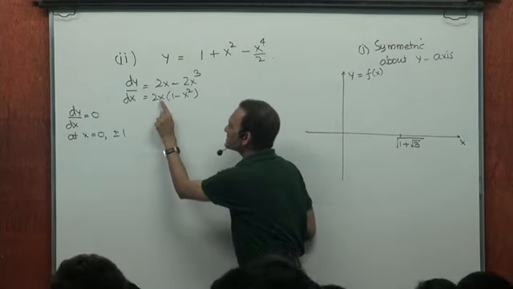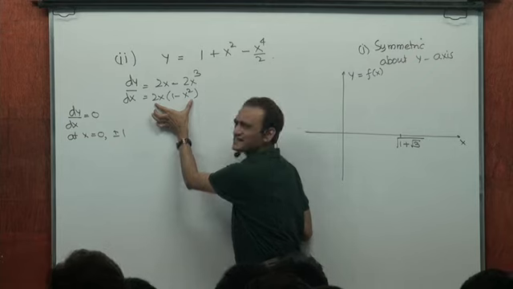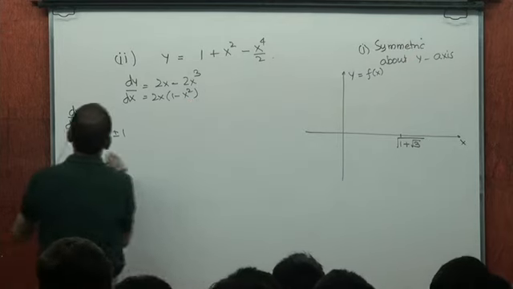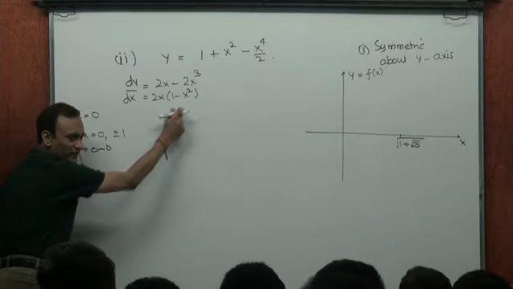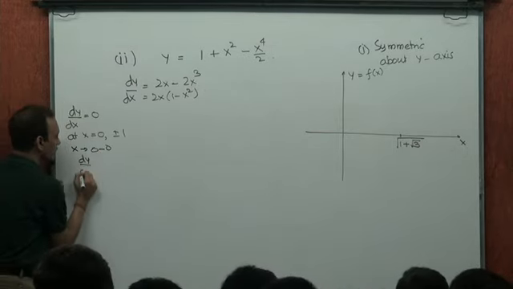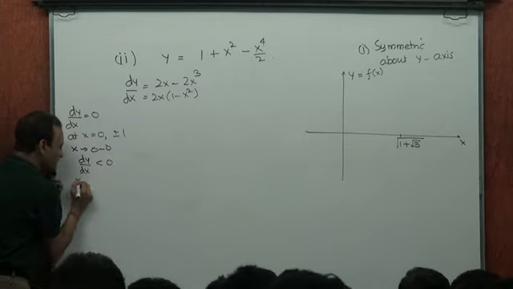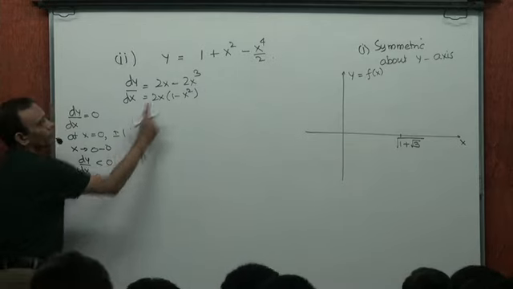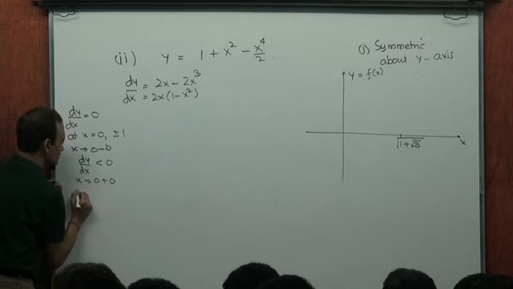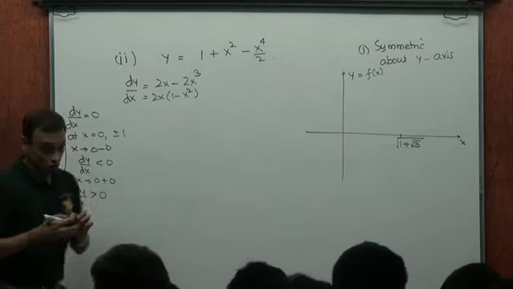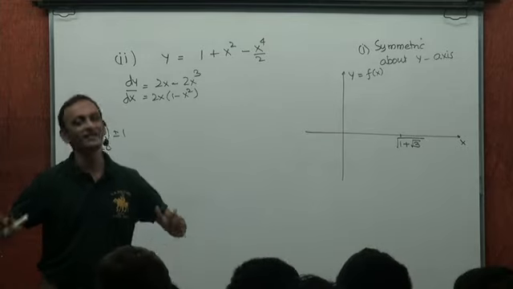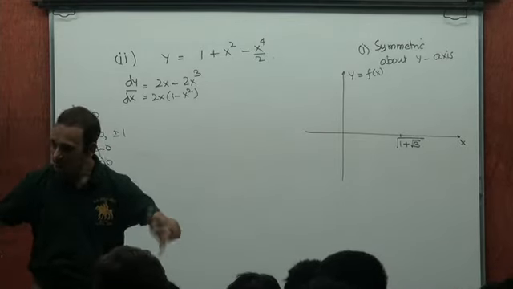When x is slightly less than 0, dy/dx is negative. When x is slightly greater than 0, dy/dx is positive. Therefore, x equal to 0 must be a local minima.